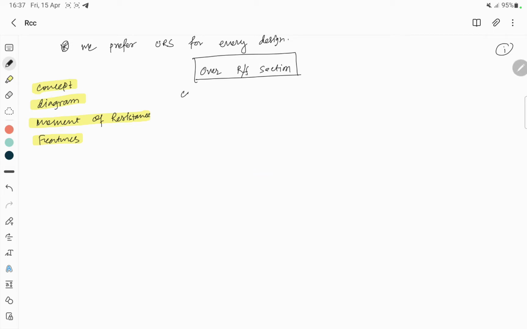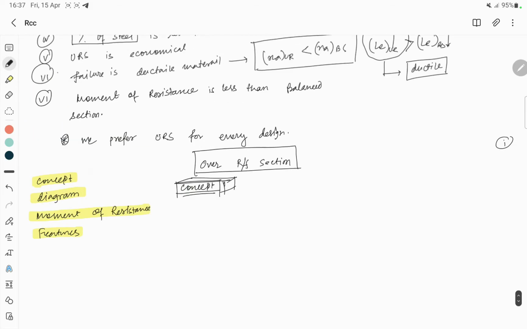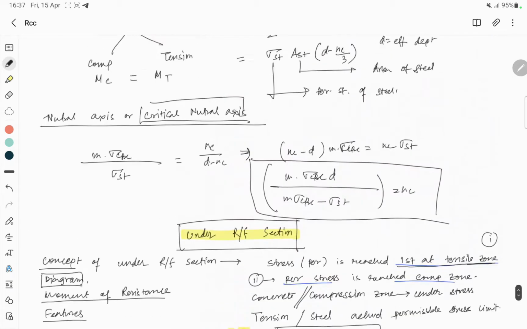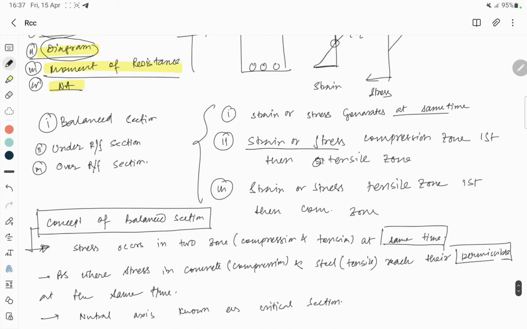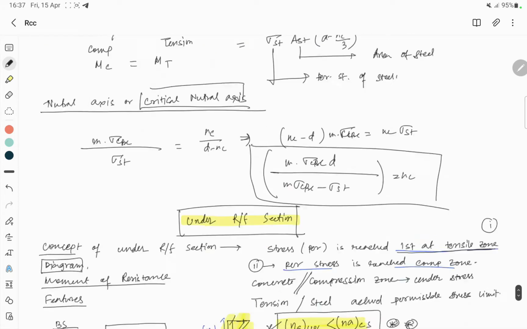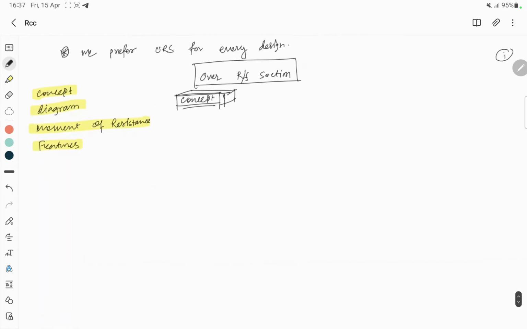First we talk about a concept. Here the combination number 3 is working. Combination number 3 means the third combination, that was strain stress in compression zone first reached, then tensile zone. This is the key term. So here what happened?